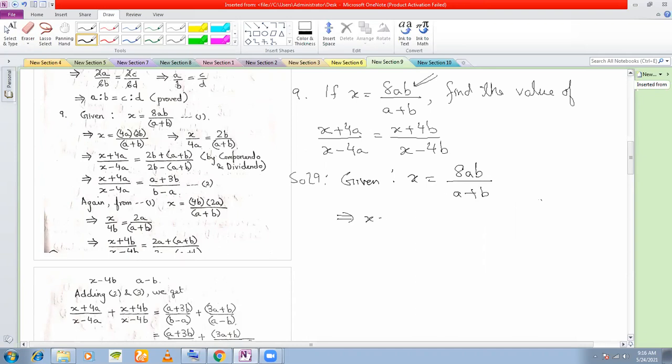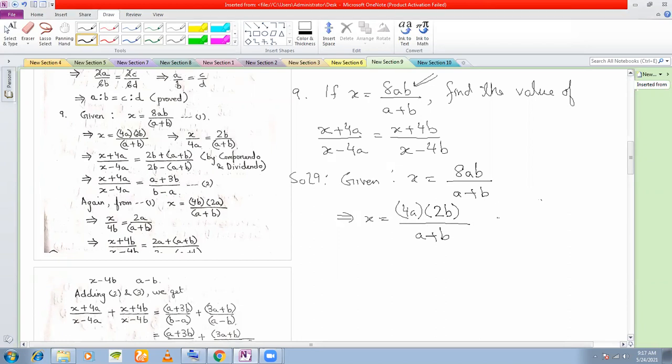That means you can write this as x is equal to 4a into 2b, right? Divided by a plus b.